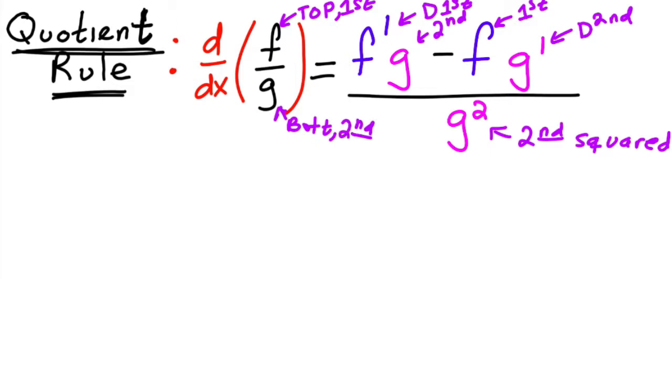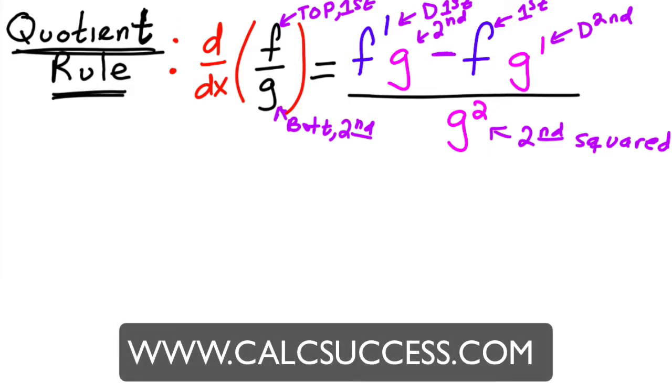Remember in the product rule, you got the derivative of the first times the second, and it doesn't matter if you change the order. But because we're subtracting in this case, it does matter which one goes first. If you remember to always get the derivative of the top or the first, you'll never mix them up.